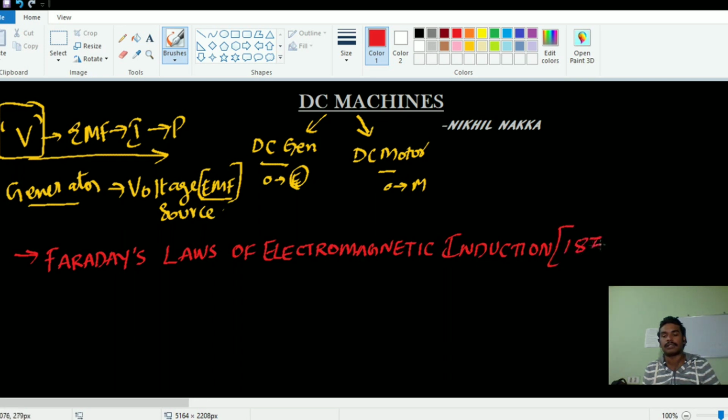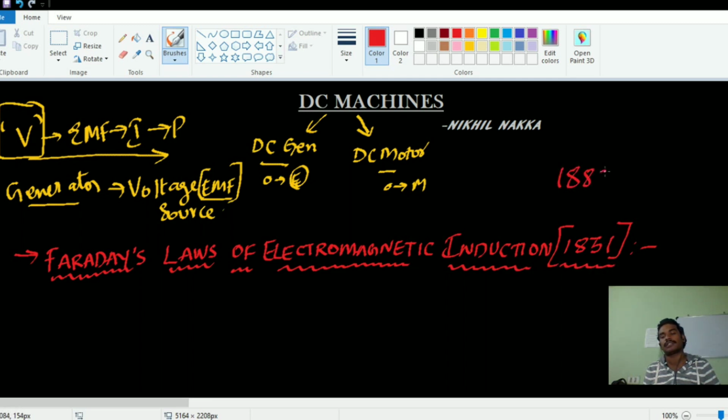He gave these laws in the year 1831. However, to actually commercialize a DC machine based on these laws, a DC generator, it took nearly 55 years. It was in the 1880s that Thomas Alva Edison started constructing a DC generator and started building power systems in New York City. All these machines are based on Faraday's laws of electromagnetic induction.